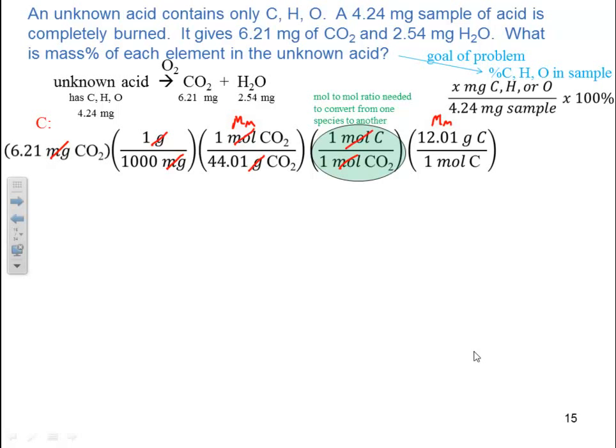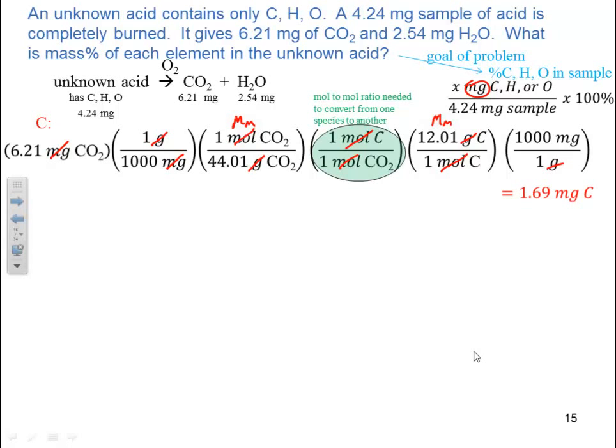Once again, my moles cancel. Now, our goal is milligrams of carbon, so I have to go back to milligrams. So I have 1,000 milligrams for every 1 gram, which then gets me to my milligrams of carbon, 1.69 milligrams of carbon.